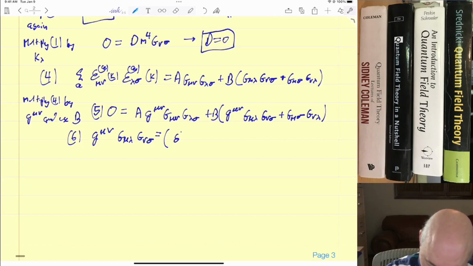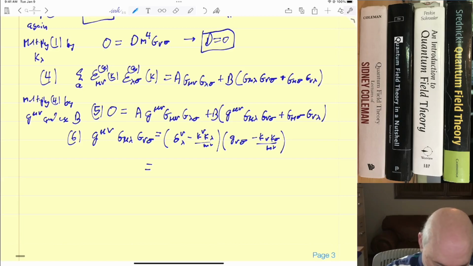So delta nu lambda minus k nu k lambda over m squared times g nu sigma minus k nu k sigma over m squared.